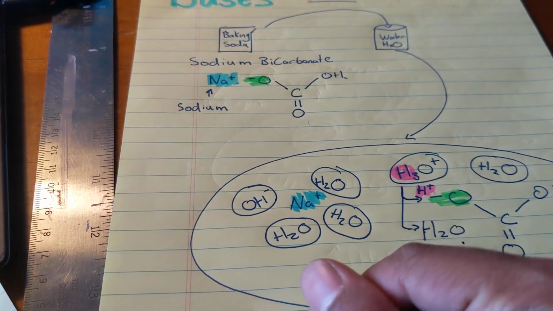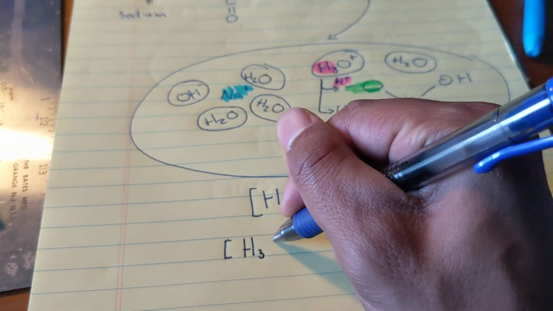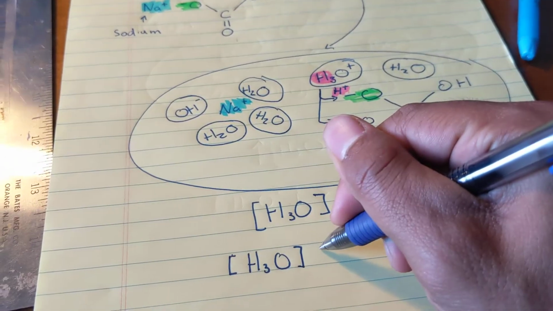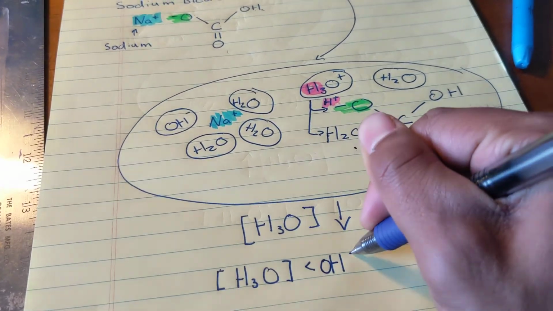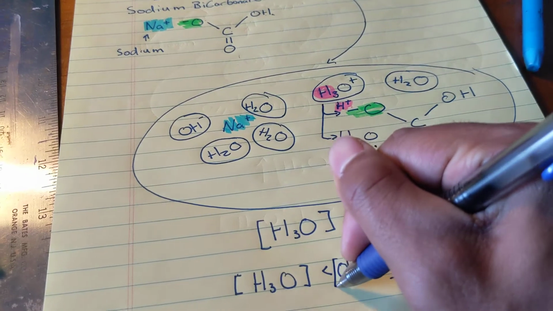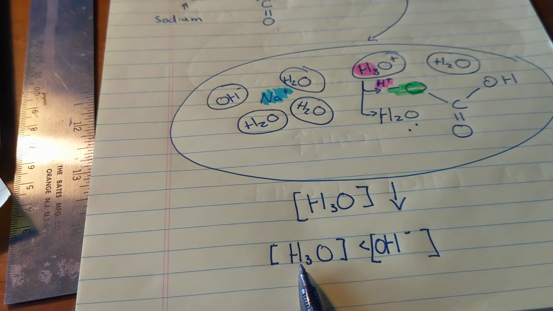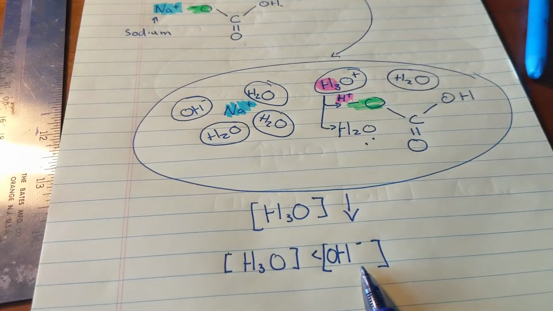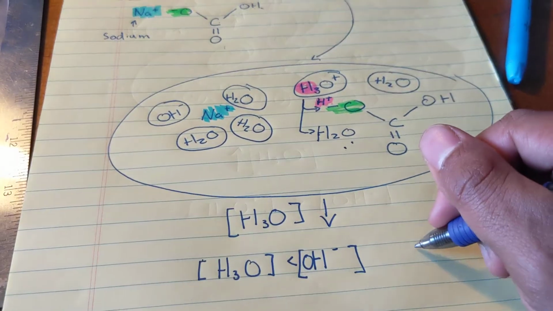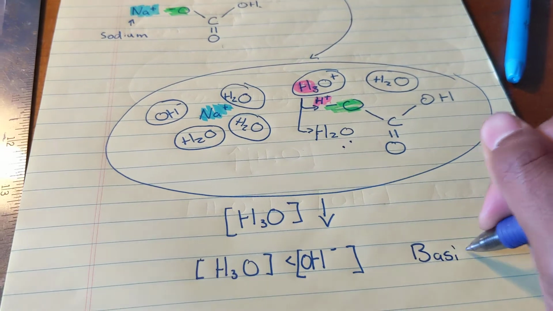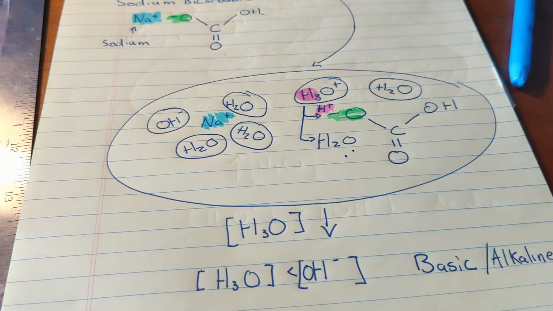So that means the balance of hydronium ions, or the concentration, is less than the concentration of hydroxide ions. Okay? So the number of hydronium ions is less than the number or concentration of hydroxide ions, making this a basic or alkaline solution.